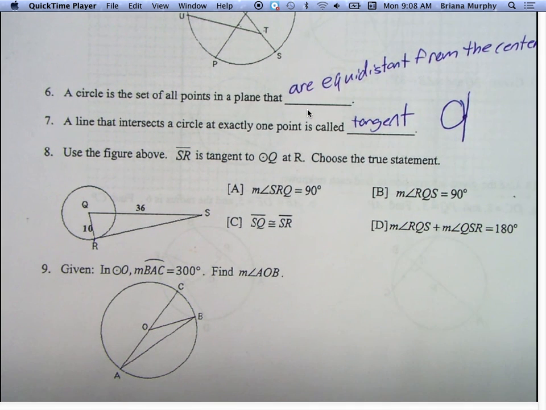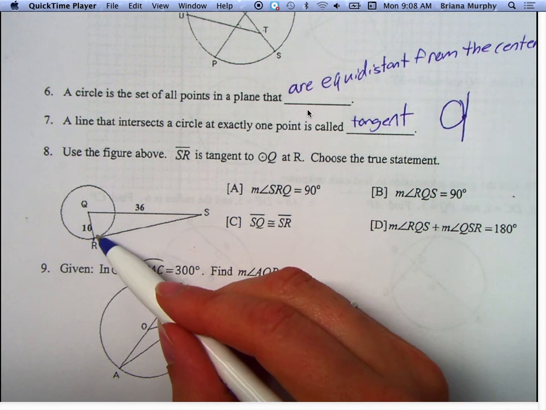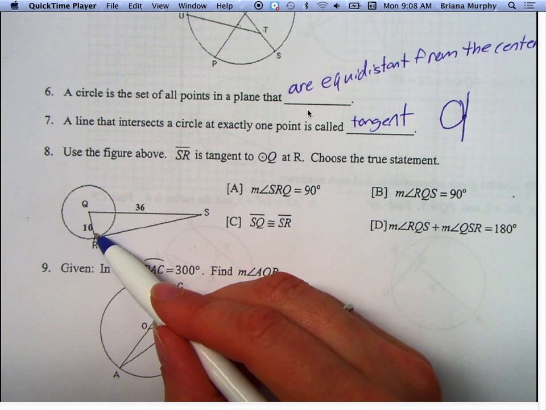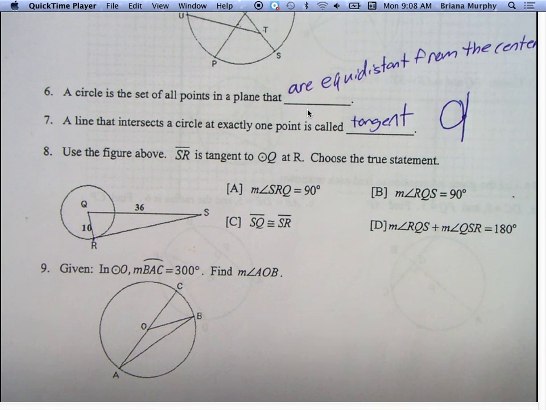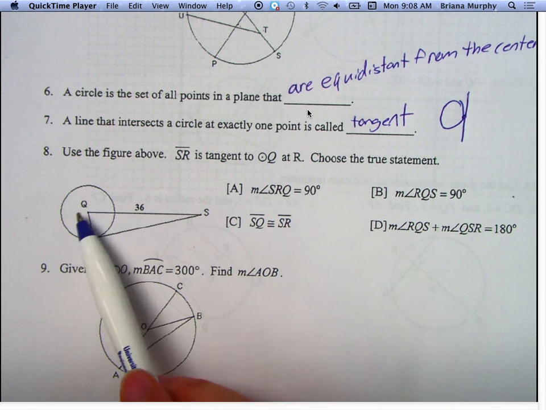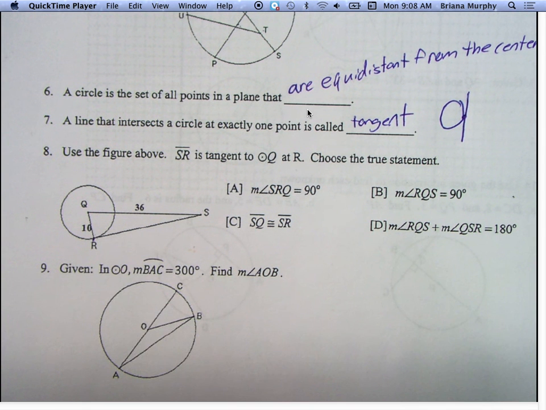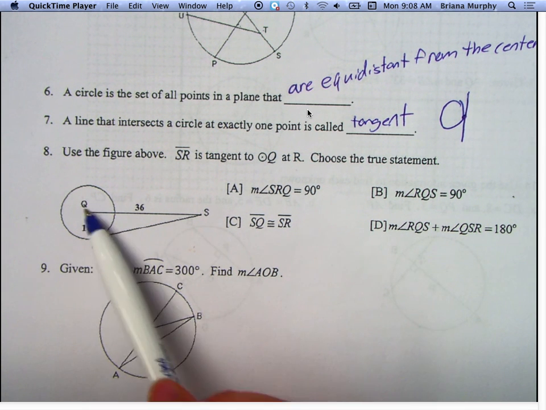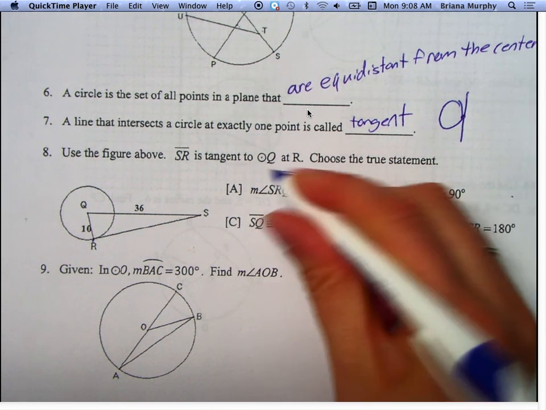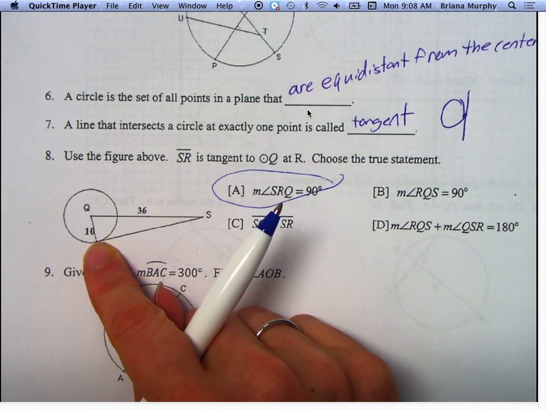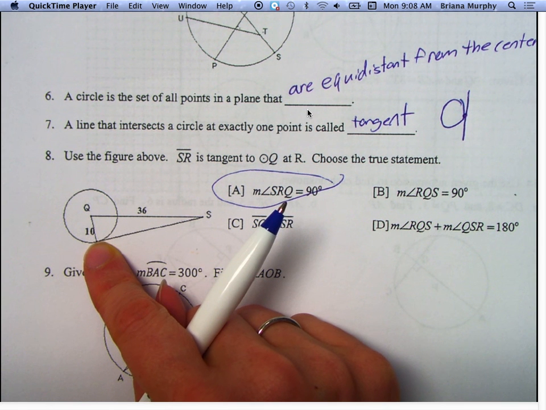So the first one says, is SRQ 90 degrees? Is RQS 90 degrees? Is SQ and SR equal? Is the measure of angle RQS plus QSR equal to 180? Which one is it, guys? A, B, C, or D? A. Tangents and radiuses meet at 90 degrees.